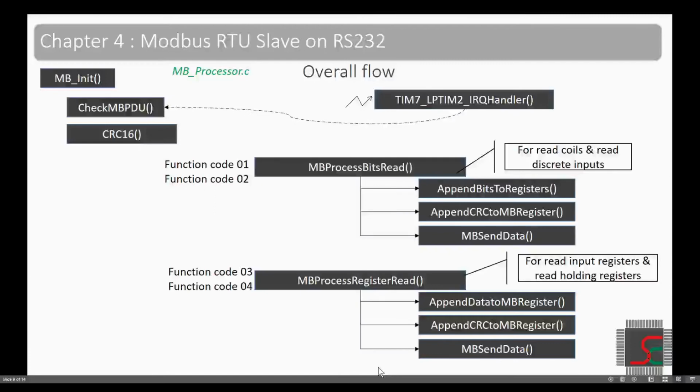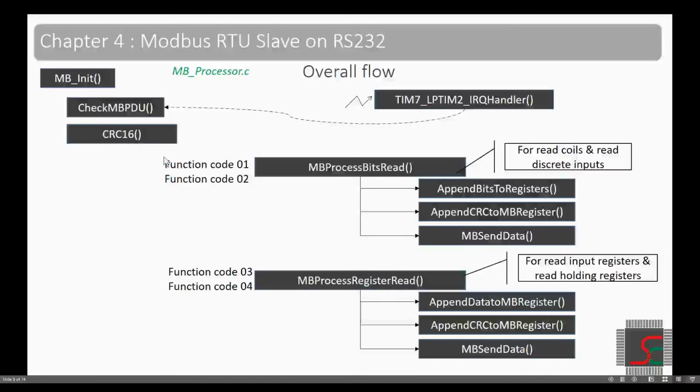We started with the mb initialization function, then the check mbpdu. This is the main processor function. So once the timer T3.5, that is timer 7 in this example, is expired, it calls the check mbpdu C function, and inside that function we recheck the CRC.